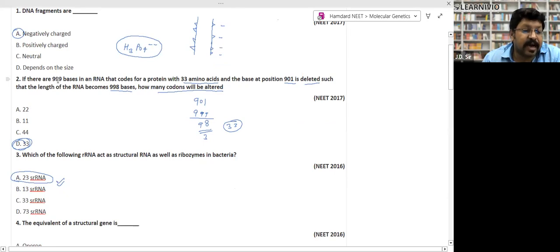If there are 999 bases in RNA that codes for a protein with 333 amino acids, and the base at position 901 is deleted, such that the length of RNA becomes 998 bases, right? How many codons will be altered?